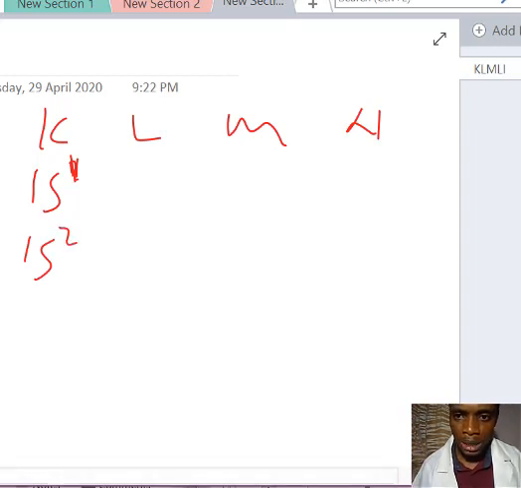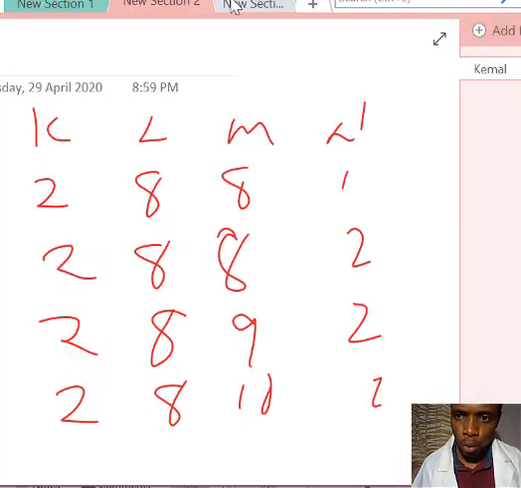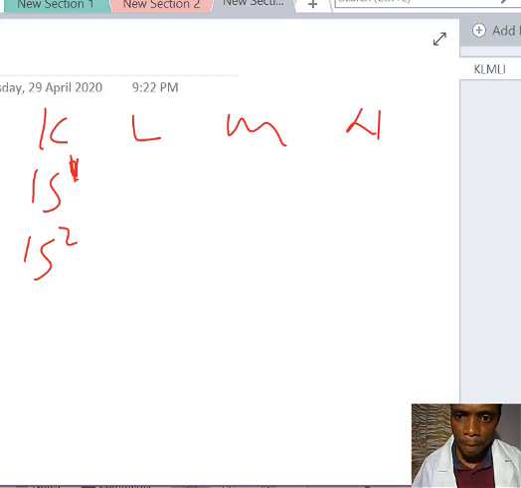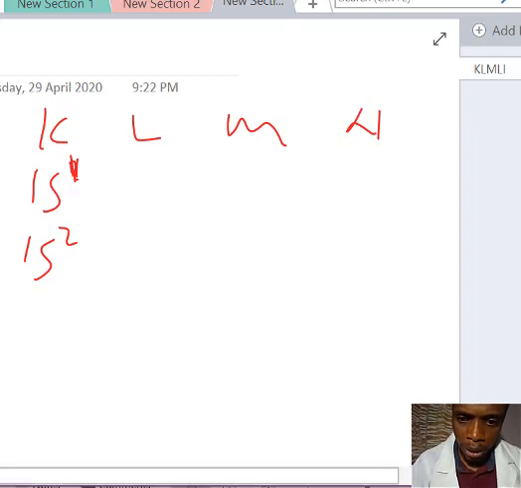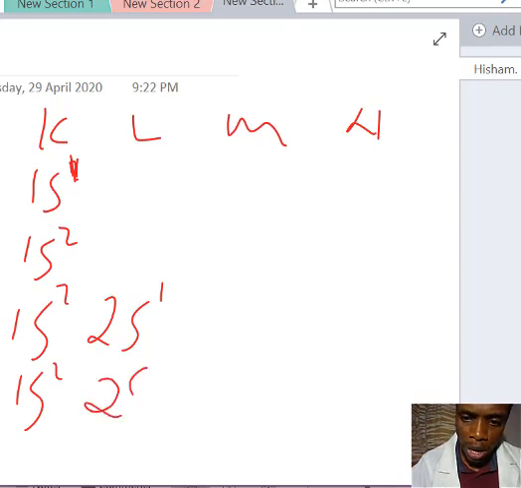And don't forget that after you give it to 1s, you go to 2s, then 2p. So lithium, which is the next one, 1s2, we have one more, that is 2s1 now. After lithium, you have beryllium, that will be 1s2, then 2s2.